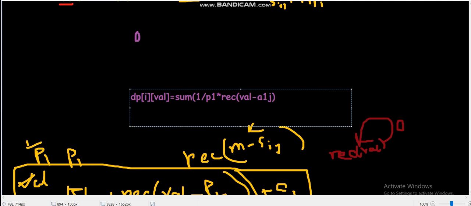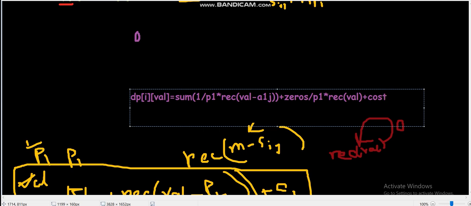Now for some of the values a1j will be 0, so let us take those separately, plus the number of zeros by p1 into rec(val). We can write that, right? Because rec(val minus zero) will be val plus cost.